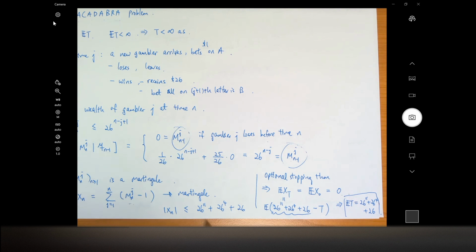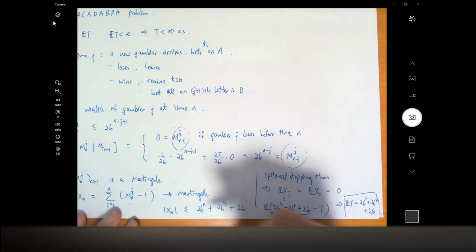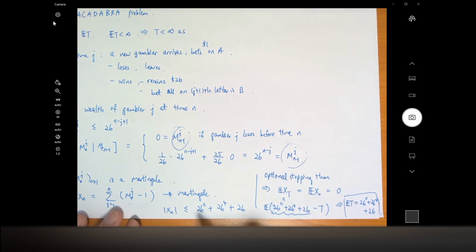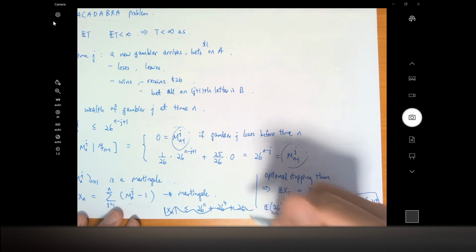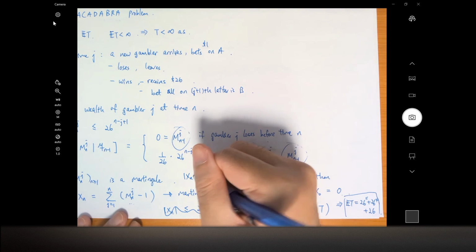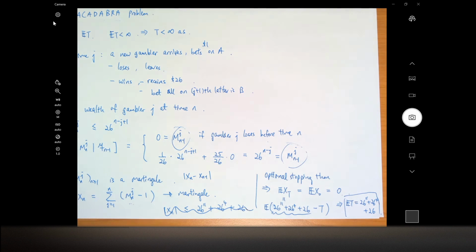As I go along, I think I may have made a mistake here. This is not the true upper bound because of the minus 1. So probably we cannot use this bound here, but rather we should use something like X_n minus 1.